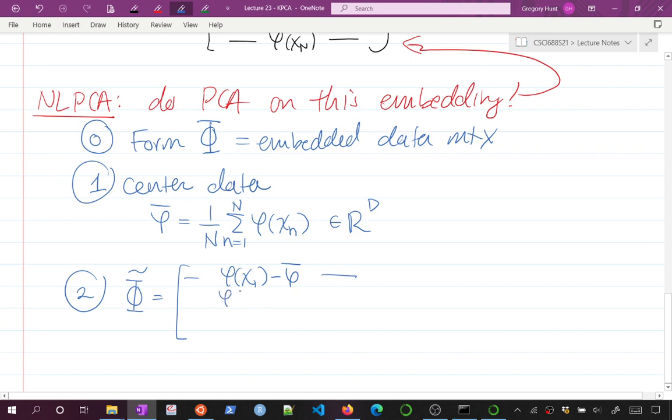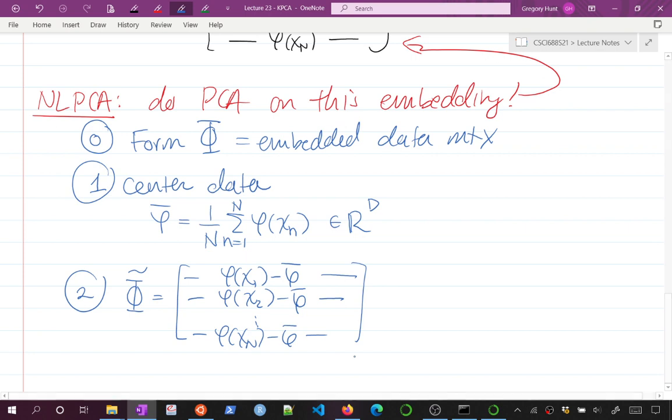This is a typical way we do PCA: we calculate the mean of the rows and subtract it off each of the rows, or alternatively, we calculate the mean of each column and subtract it from each column. They're equivalent ways of thinking about it. So we'll form that centered matrix phi tilde.